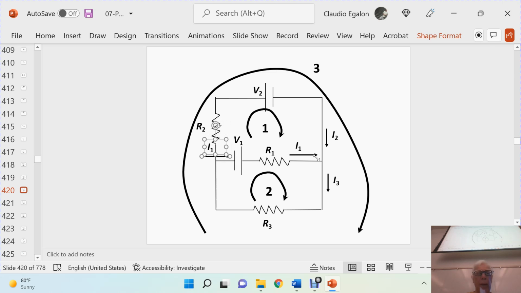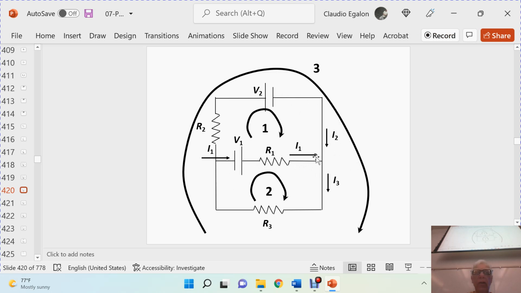Like that, I1 going in this direction. If I2 is going in this direction, it means the I2. See, this branch here is the same, right? So they must have the same current. It's the same thing here in this branch. It has this single branch that has the same current.